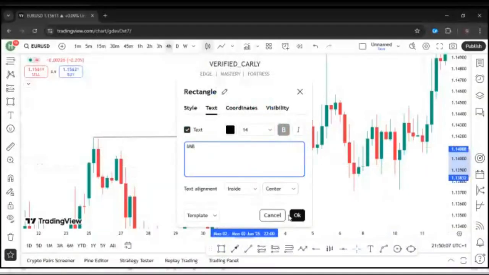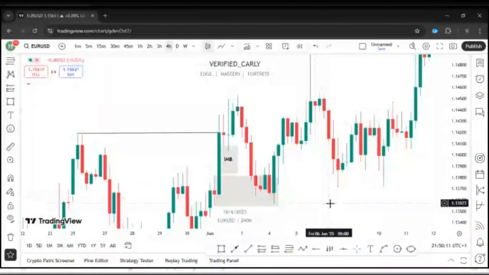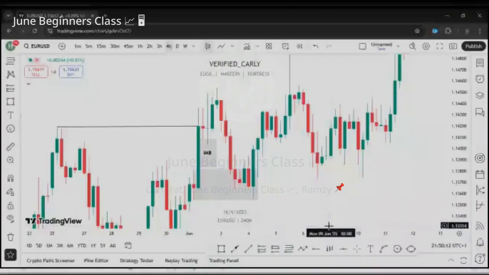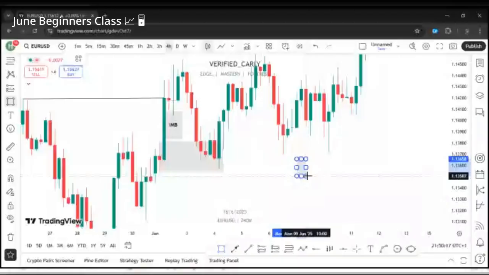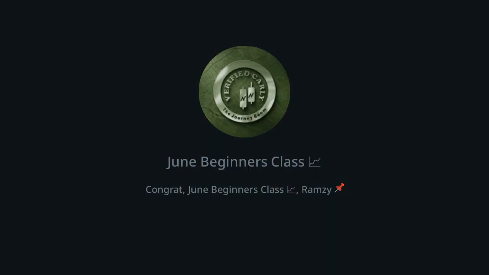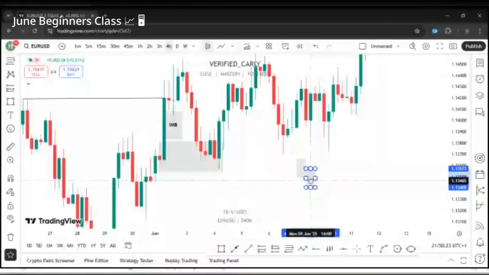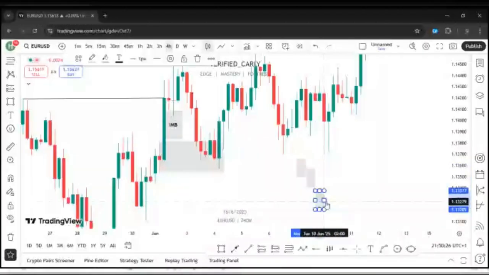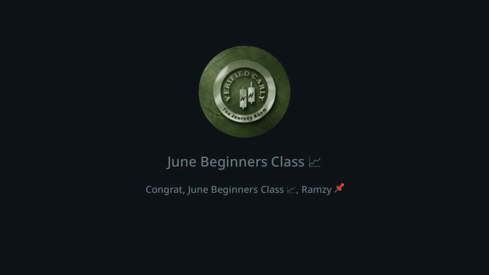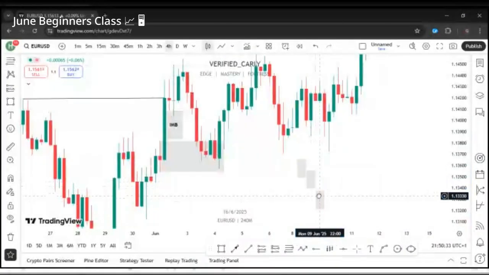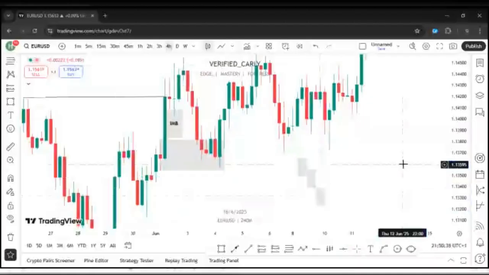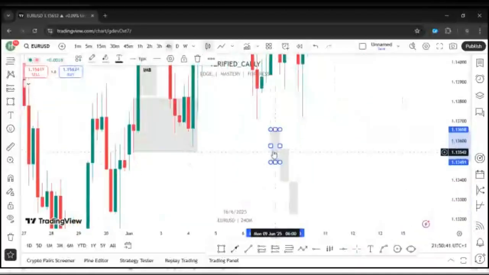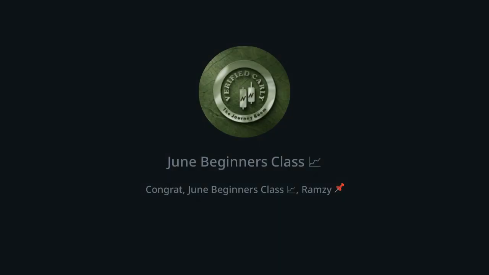I say an imbalance is a three candle formation, right? Let me show you an example. In a bearish move, we have a candle, another candle, and another candle, right? Let me say we have three candles like this. Guys, you should pay attention closely.